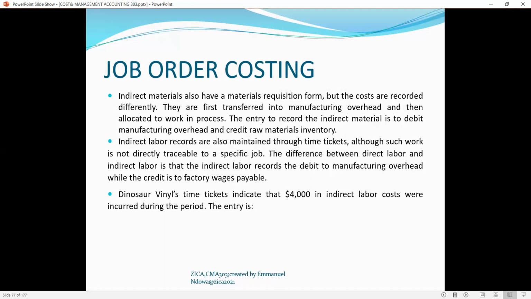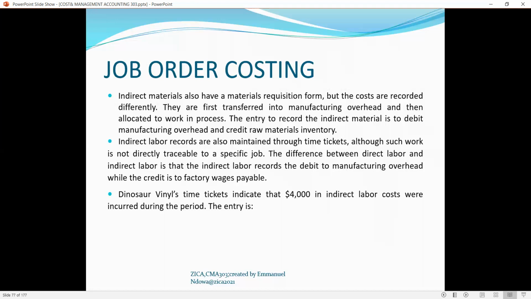Can you see now how you treat the indirect materials? They don't go straight from the warehouse to the work in process account. They first settle into the manufacturing overhead account and then are transferred to the appropriate job, which is the work in process inventory account.